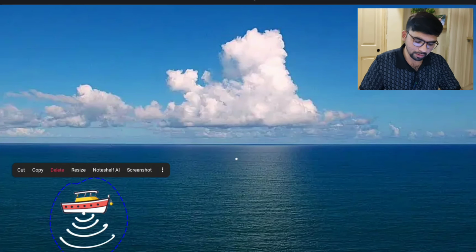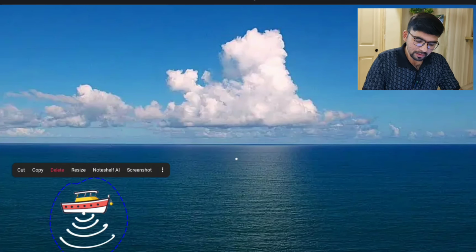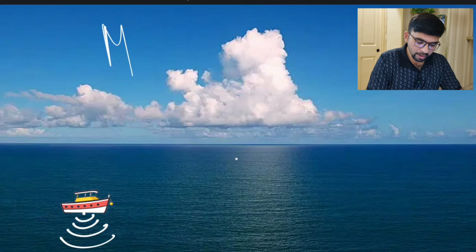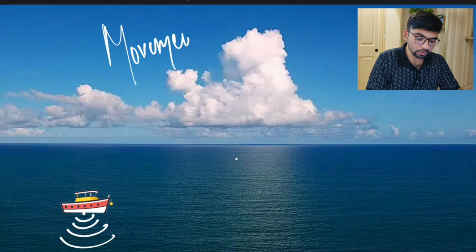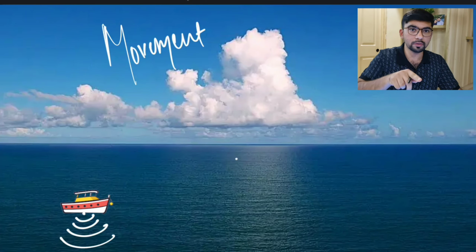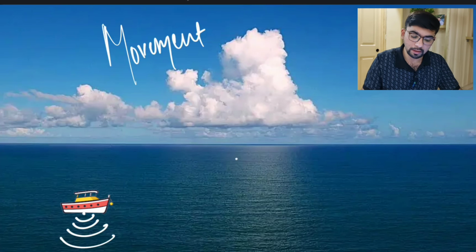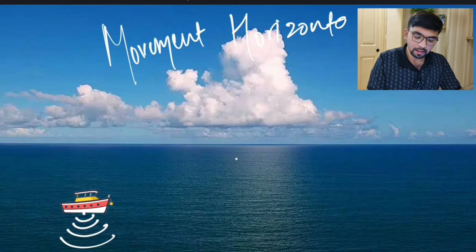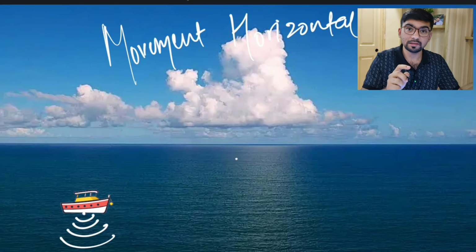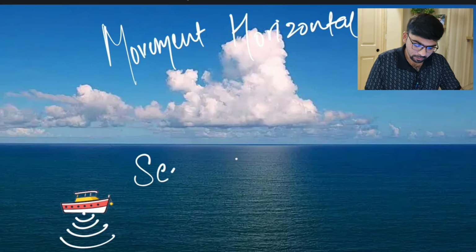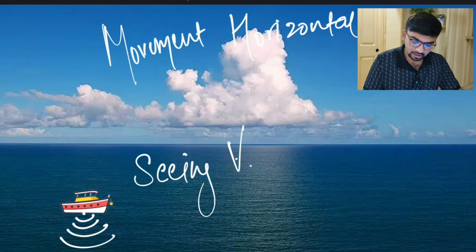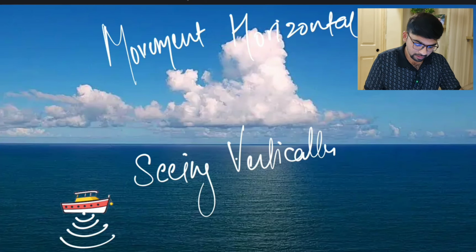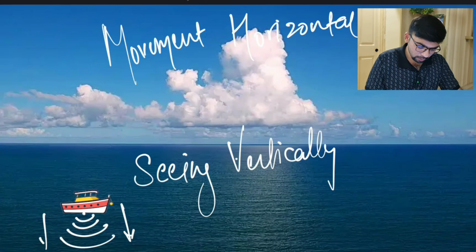So here we see one thing: the movement is horizontal, because you can only move on the ocean horizontally, you can't fly up or go down. While seeing is vertical, because this sonar looks down.